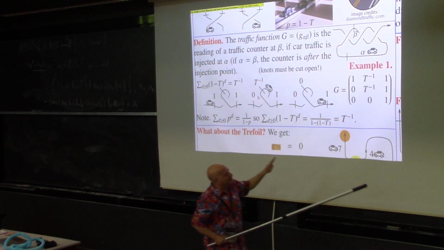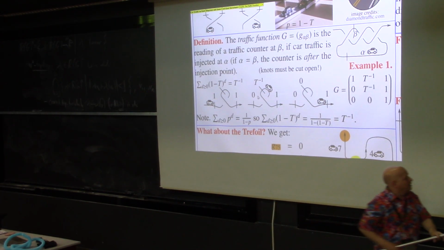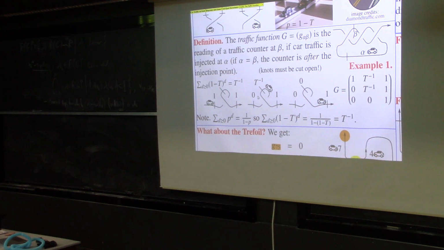So strictly speaking, as stated, the answer is infinity, because if I inject traffic here, it will just keep flowing forever. Occasionally it will jump down, but it will just keep flowing forever. So if you place a counter here, it will count the same car infinitely many times, and so the answer will be infinity.